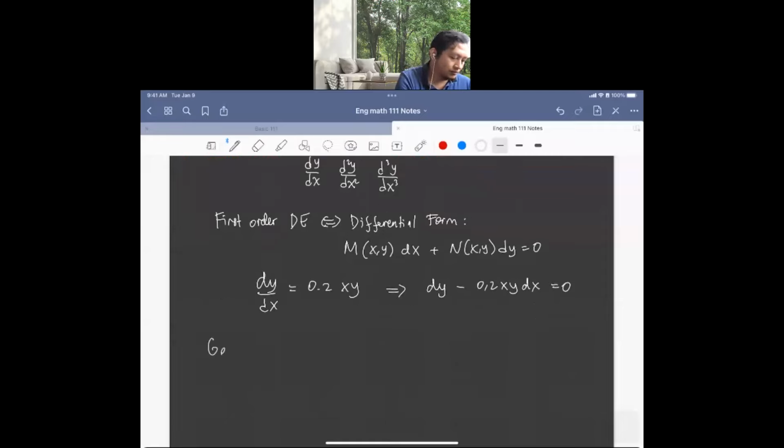And we can also write the general form for this DE.